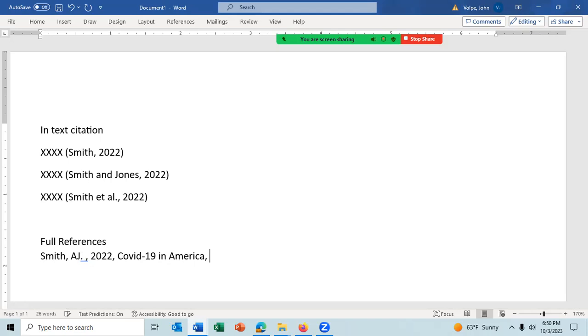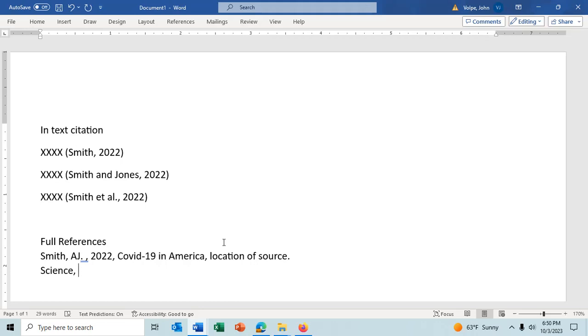And then you give the location of the source. For a scientific publication or a journal, you would give the journal name, like, I'm just going to go an easy one, Science.